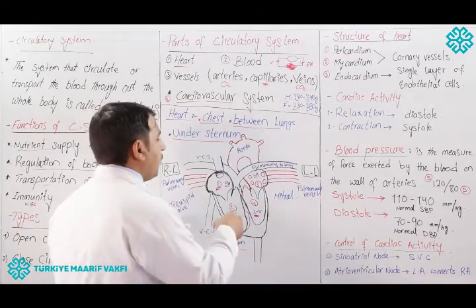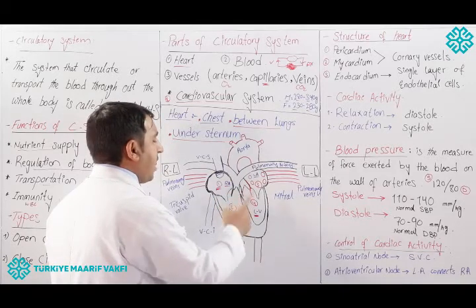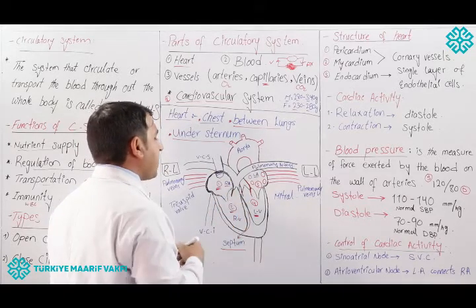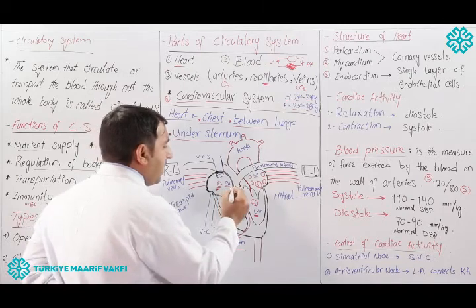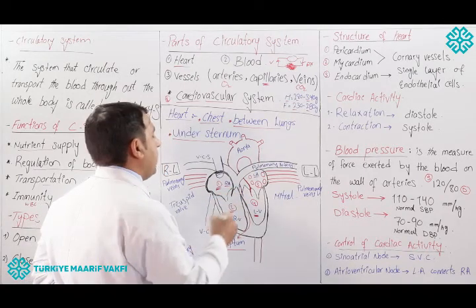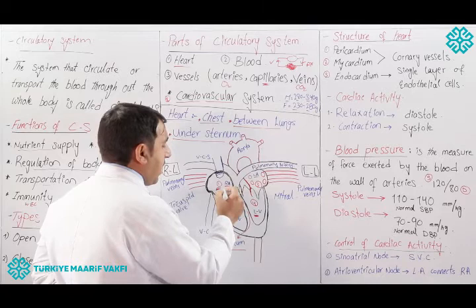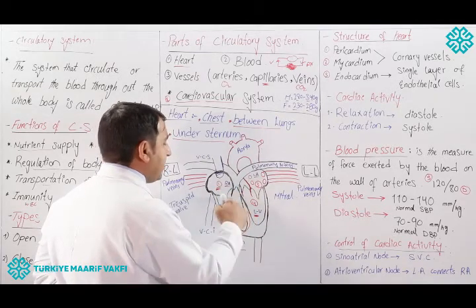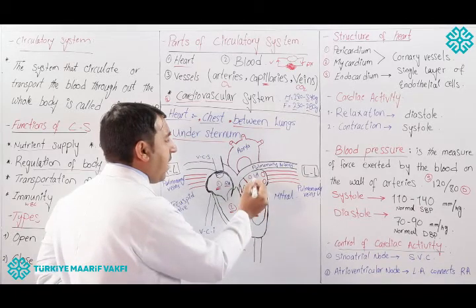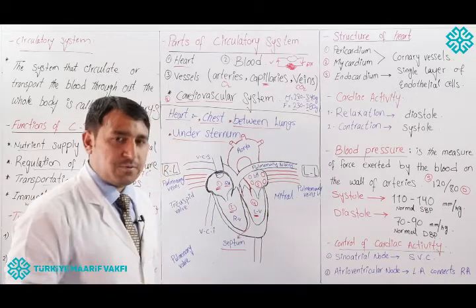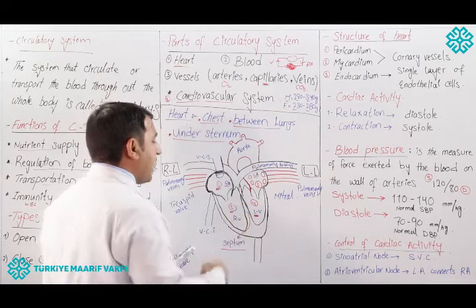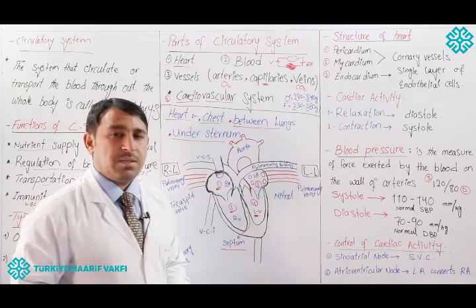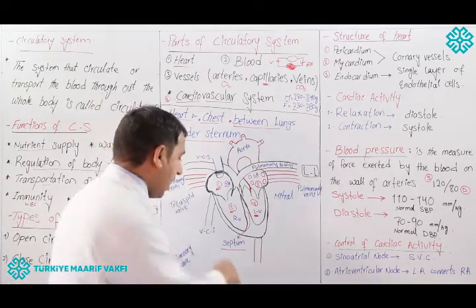So we have 2 hemispheres in the heart, separated by some structures or valves. The right side has 2 parts, right atrium and right ventricle, and the same on the left side we have left atrium and left ventricle. And the right and left sides are separated by a muscular valve called the septum.